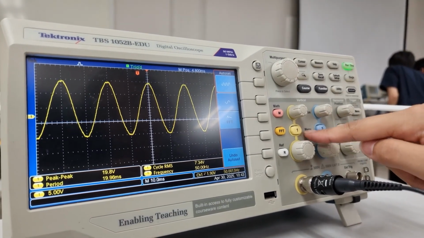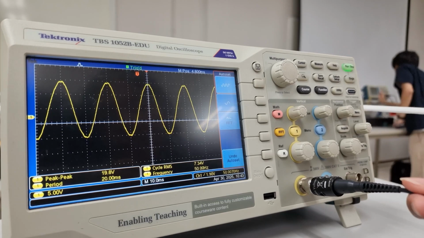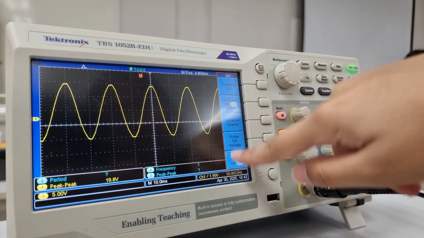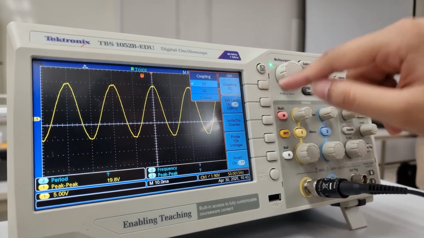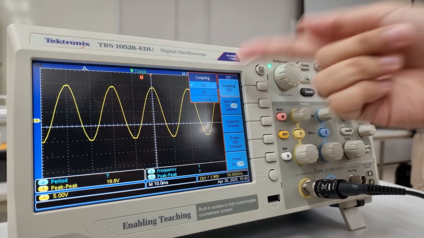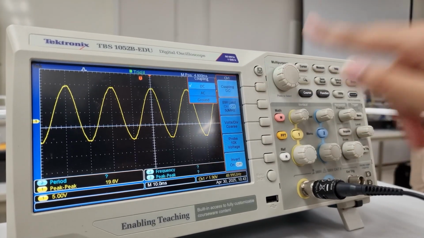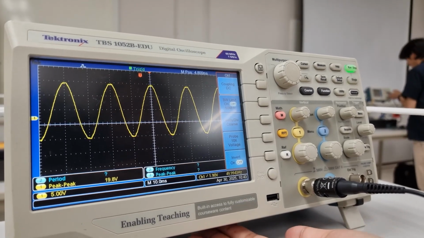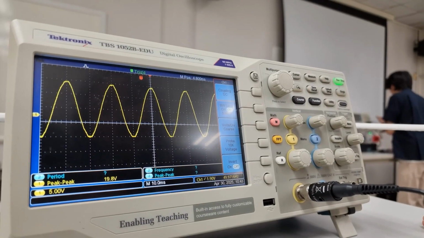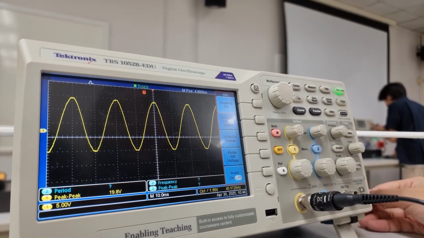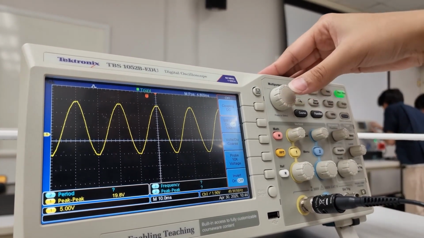And next up, we will choose the DC or AC coupling. You can click the first one and adjust it AC or DC. First, we will click DC, and here is the DC selector. And if we want to see the AC coupling, we can also adjust it.